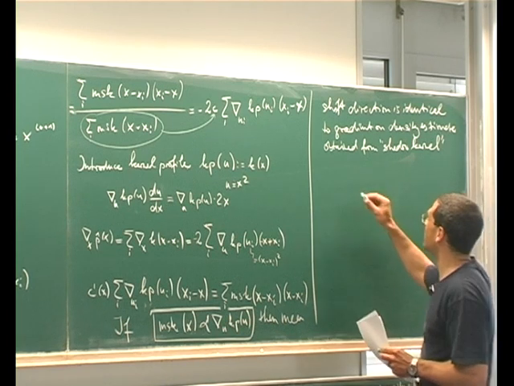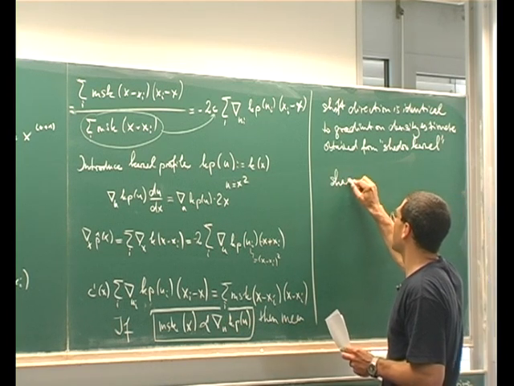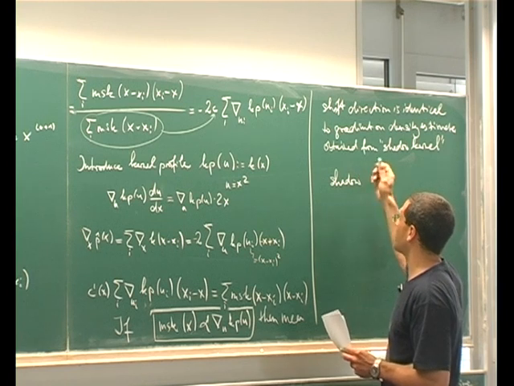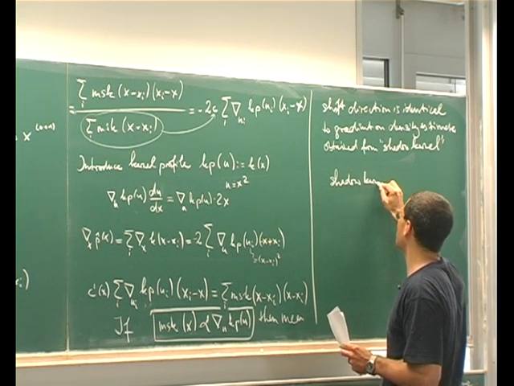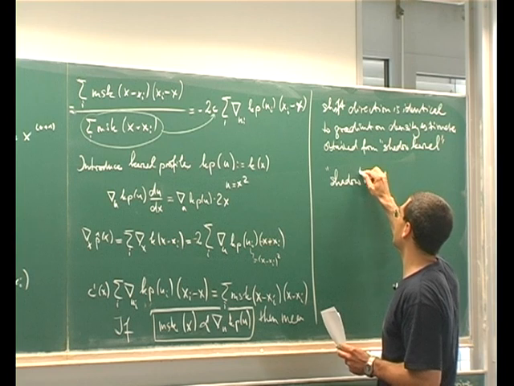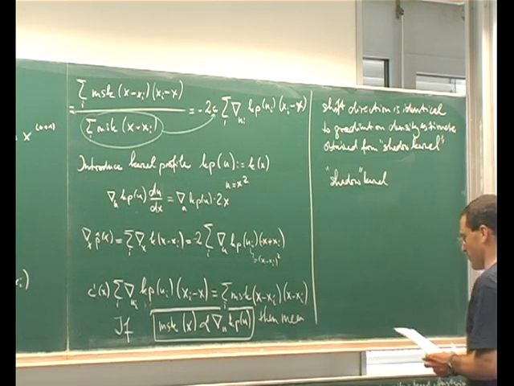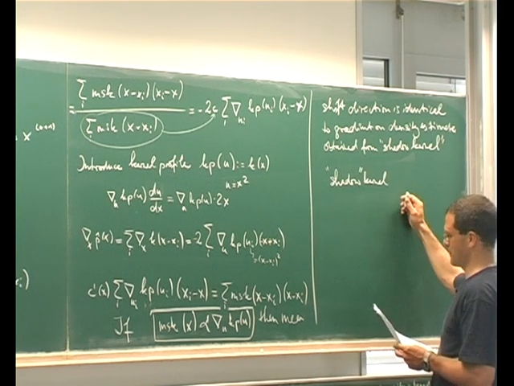And we can look at a few examples. So shadow kernel, this is the terminology used by Cheng.